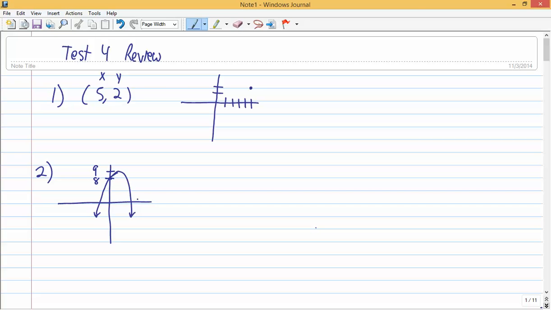And then we cross the x-axis right here at 4. And we cross the x-axis right here at -2. So my y-intercept, I only have one, it's 8. And my x-intercepts, I have 2 of those, it's -2 and +4.